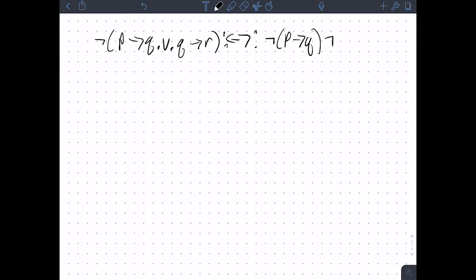Right, so another maybe more elaborate example is if we have this schema, not P for Q. That's equivalent to not if P then Q conjoined with not if Q then R, right?